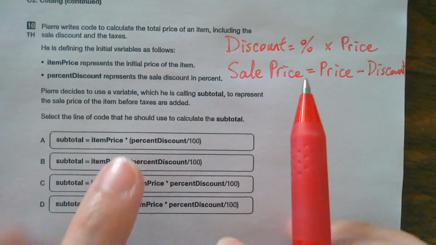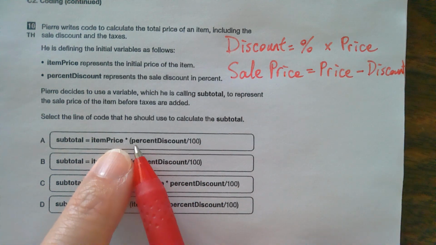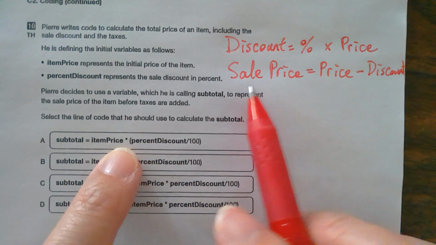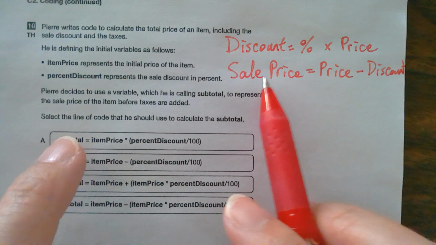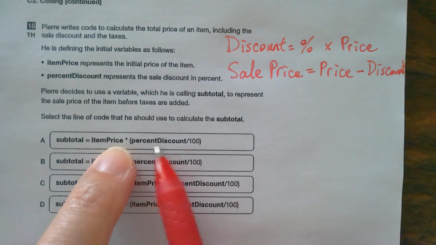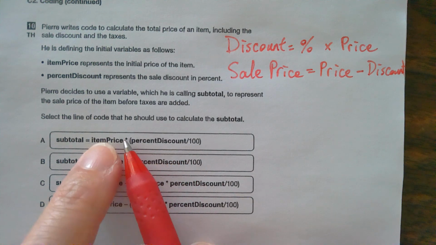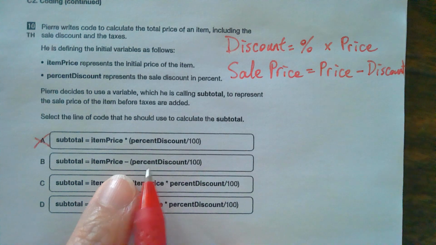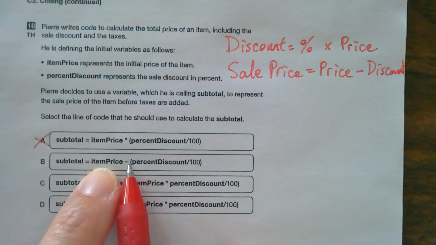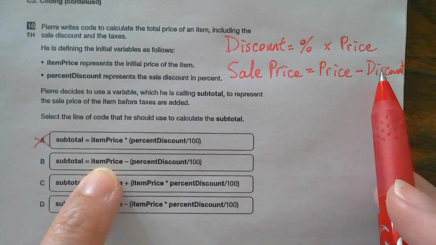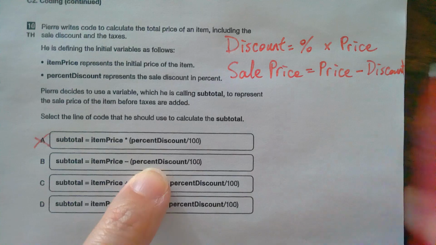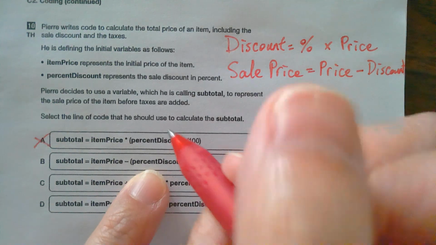Okay. So now we can take a look. The sale price is the same as subtotal. It means the same thing. So what you calculated is actually the discount, not the subtotal. So not that. Item price minus the percent discount? Nope, that's only the percent.